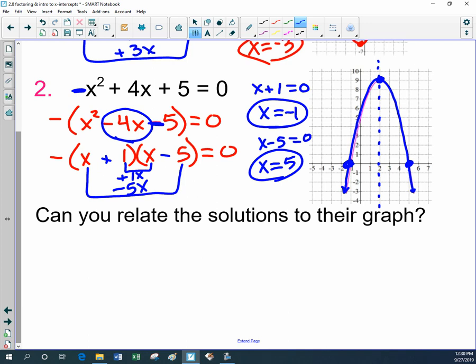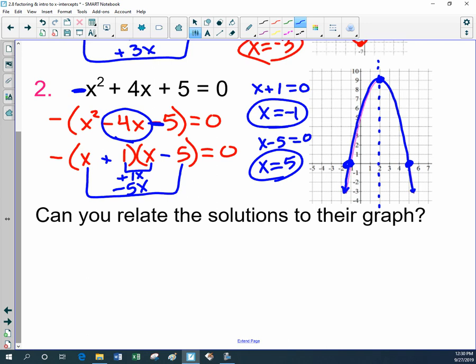So we had -1 and +5. Halfway between -1 and +5 is 2. Right now, the only thing I'm looking for is you putting the vertex halfway between these 2 points and then making sure that it opens the correct direction.